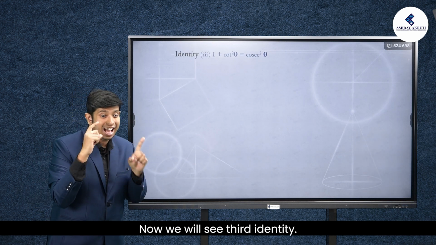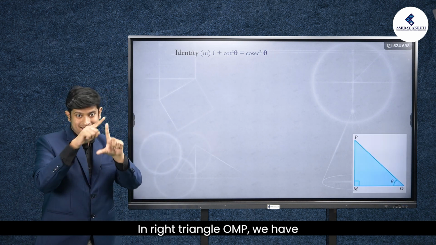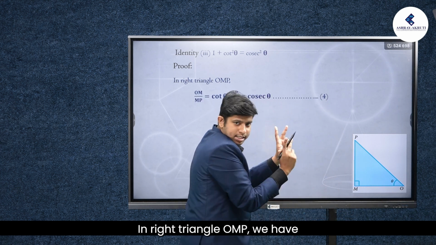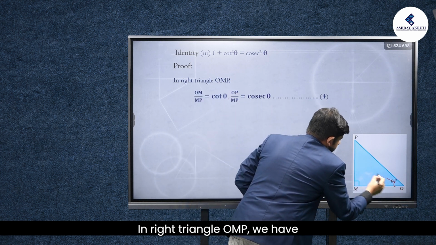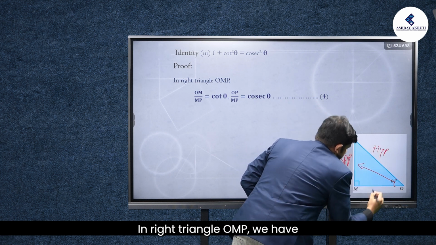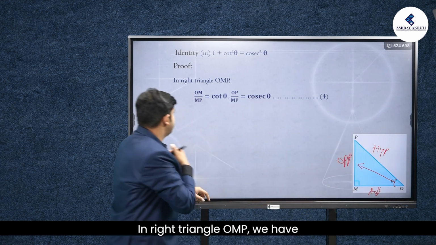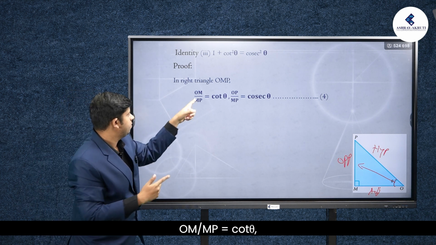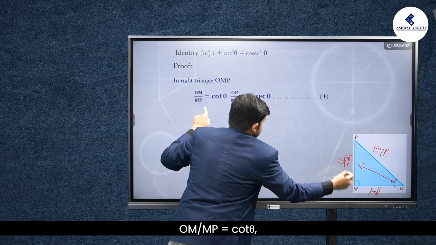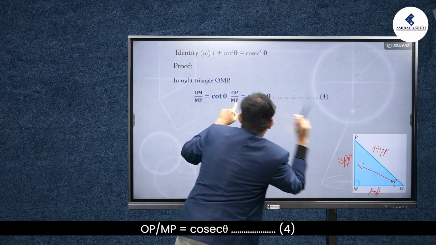Now, we will see the third identity. 1 plus cot square theta is equal to cosecant square theta. In right triangle OMP, we have OM by MP is equal to cot theta, OP by MP is equal to cosecant theta.